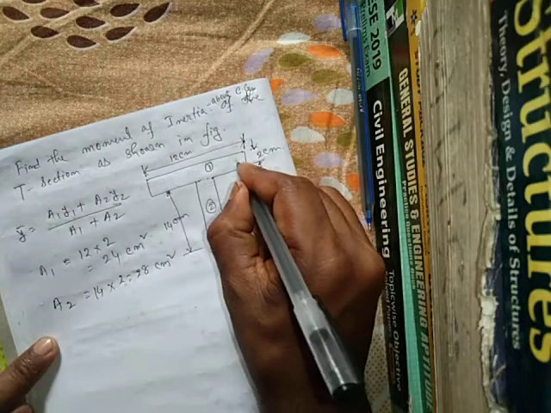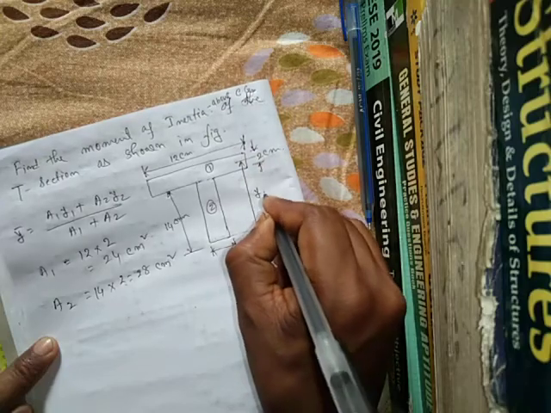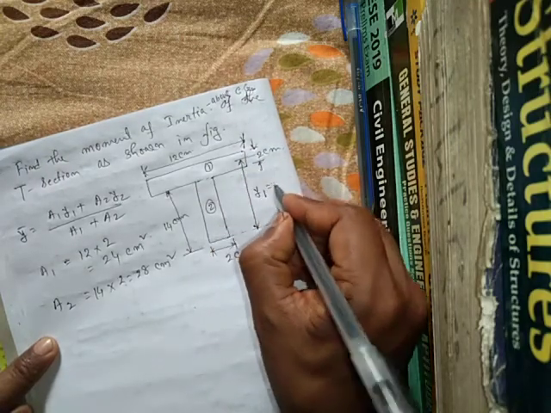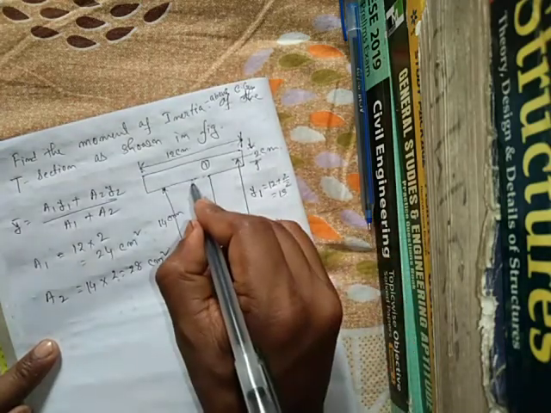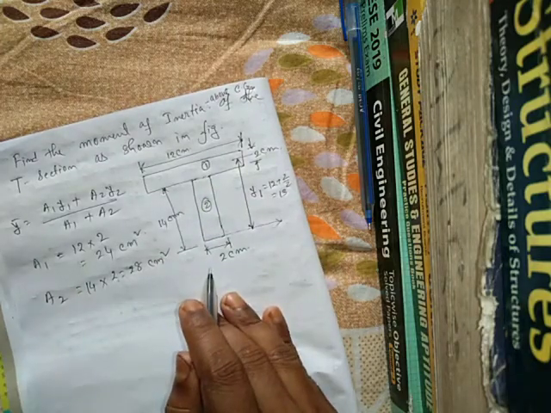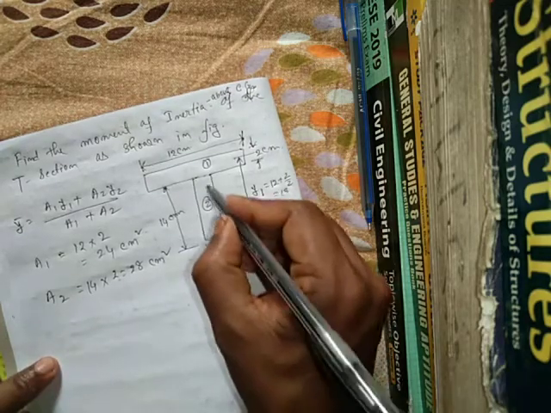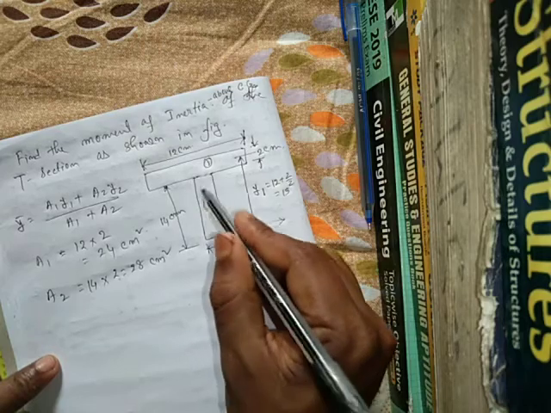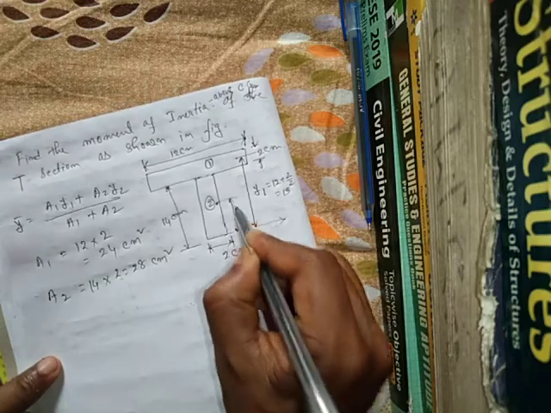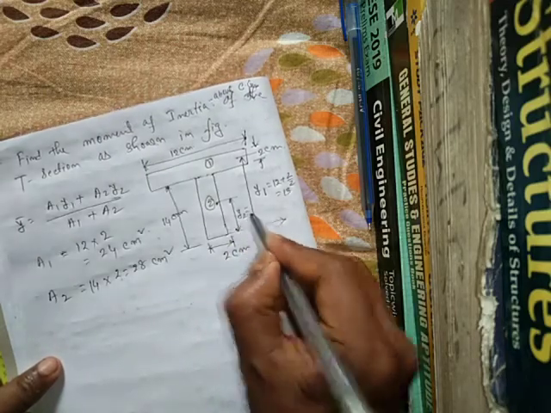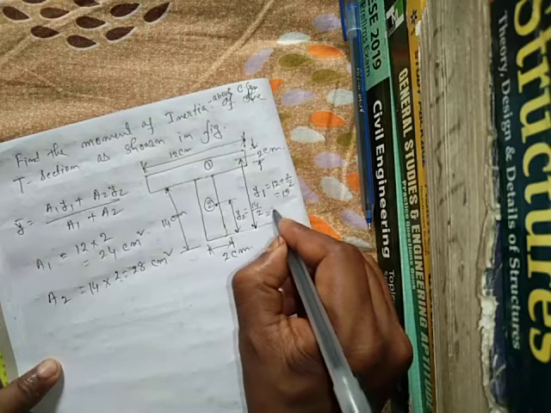The centroid of the flange section from the base is y1, which is equal to 12 plus 2 by 2 equals 13. The centroid of the web section from the base is y2 equals 14 divided by 2 equals 7.